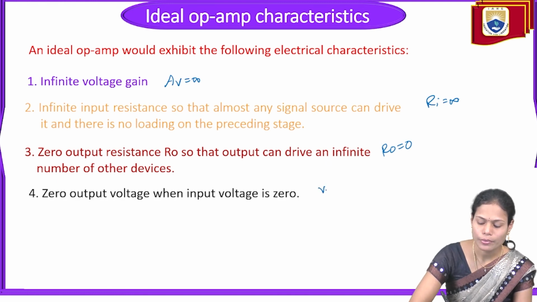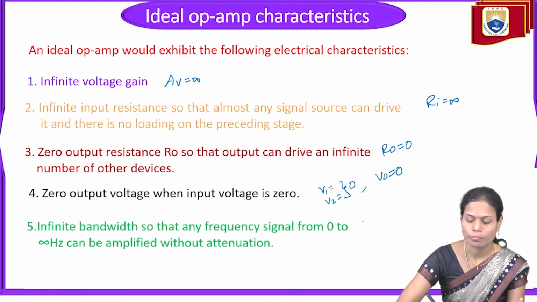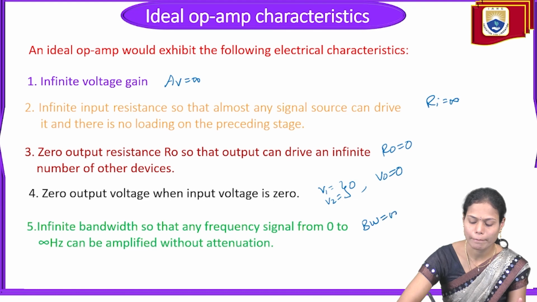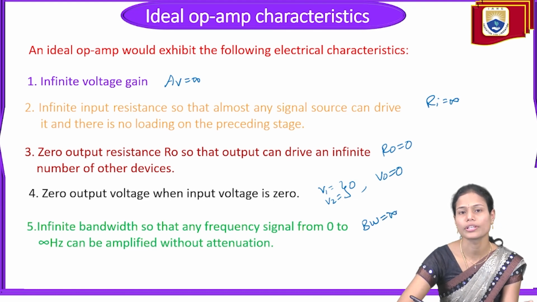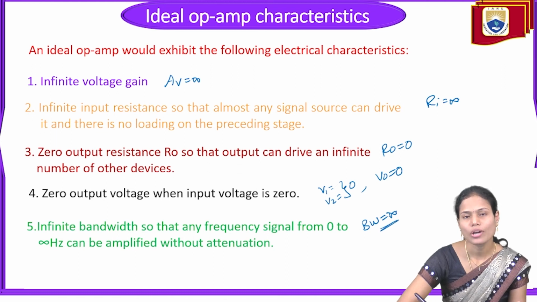And whenever the input signals V1 as well as V2 are 0, the output is also 0 here. And it provides infinite bandwidth, from 0 to infinity range of signals. That is, it can amplify any range of frequency signal here without any attenuation.